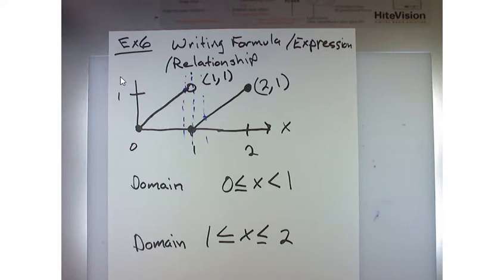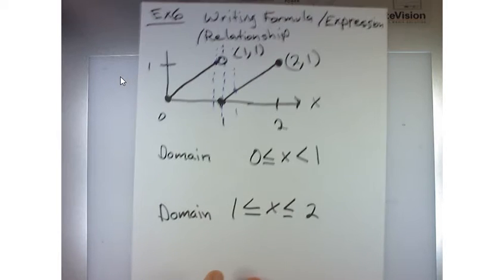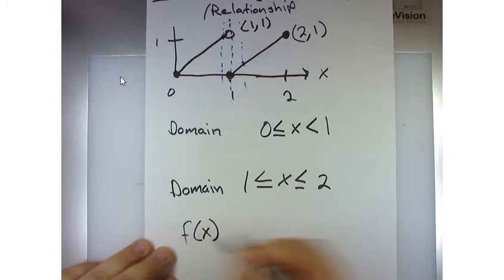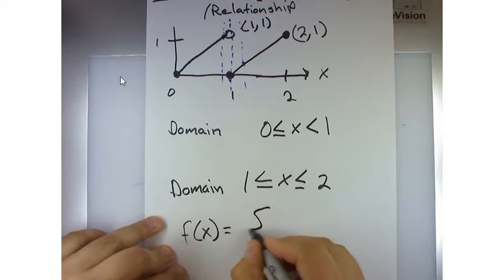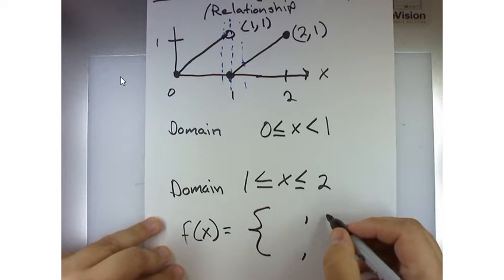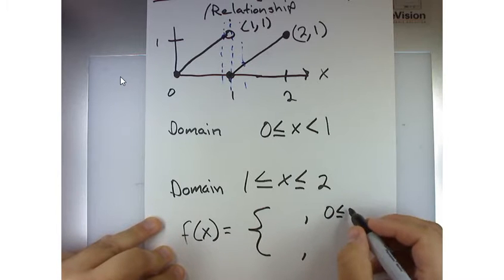So now how do I write this as a piecewise function? Well, what we do is we start with the domain. So I would say that the total function f of x is equal to, okay, let's start with the domains. My first domain is 0 is less than or equal to x is less than 1.